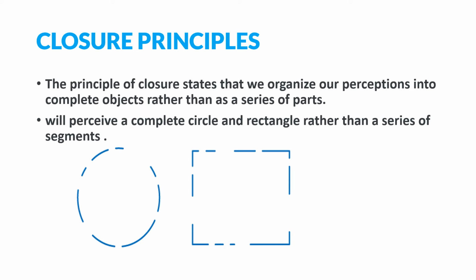In this picture you can see a segment, a segment, a segment. Here nothing is there, but our brain will perceive this as a continuous object rather than a series of parts. That is another example of the closure principle.